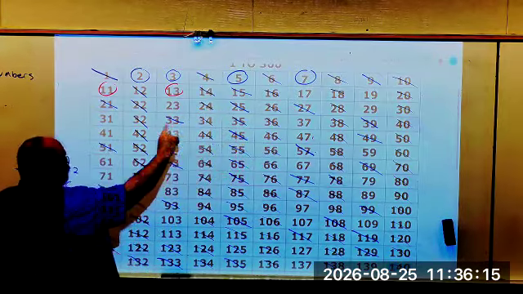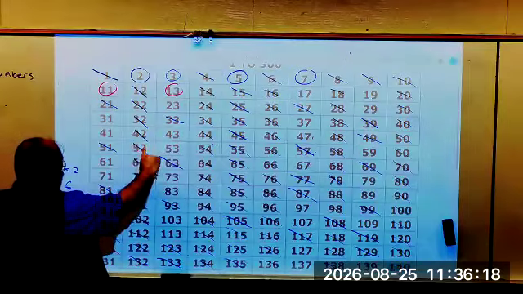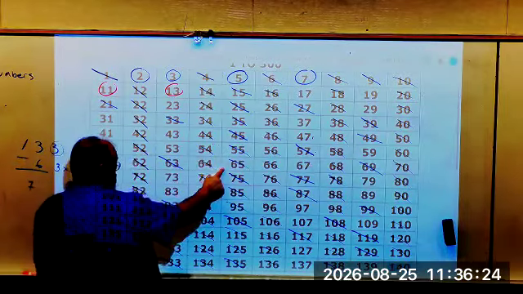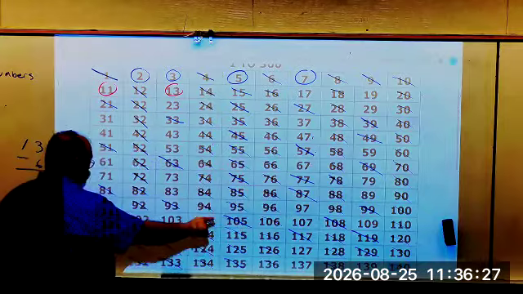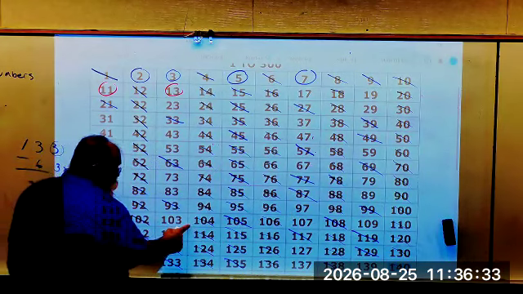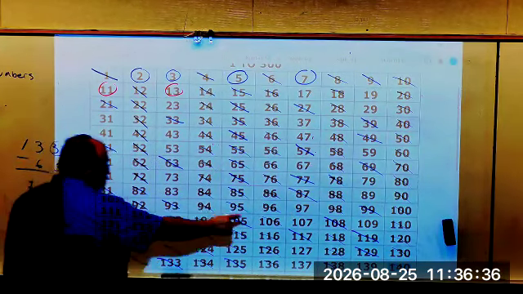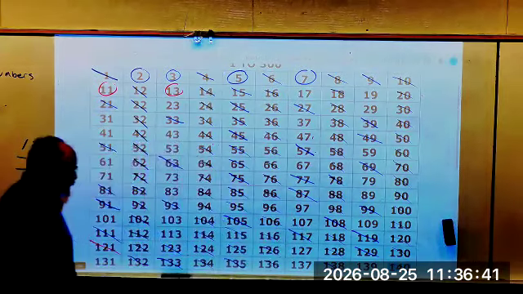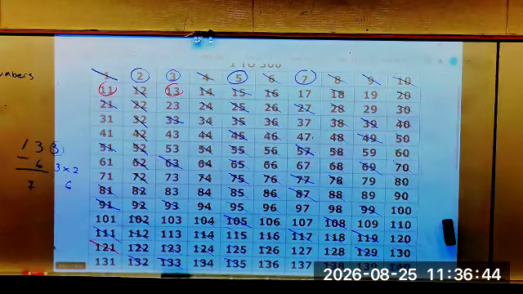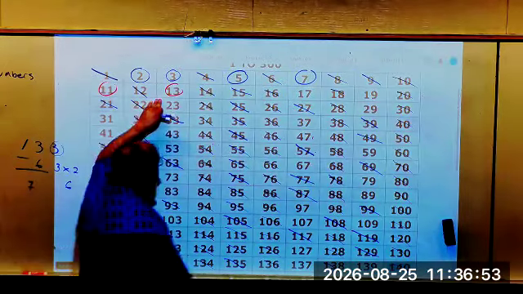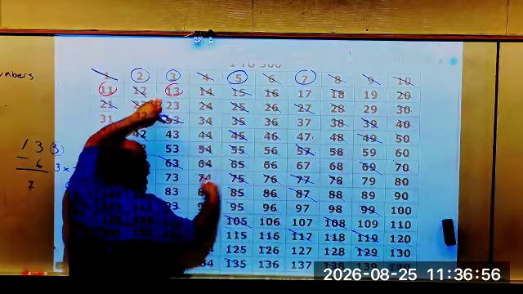Then 13 times 4 is 52. 13 times 5 is 65. 13 times 6 is 78. 13 times 7 is 91. 13 times 8 would be 104. 13 times 9 is going to be 117. 13 times 10 is 130. And then 13 times 11 is going to be 143. And that's it. I think we're done with it because there are no multiples of 13 left to circle.